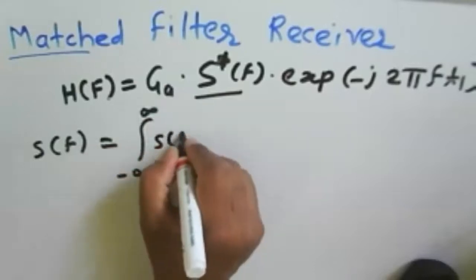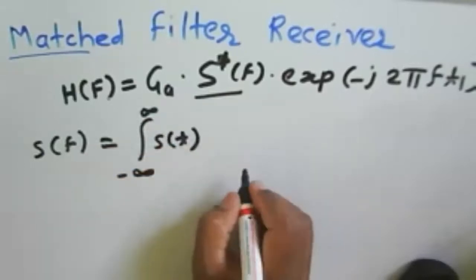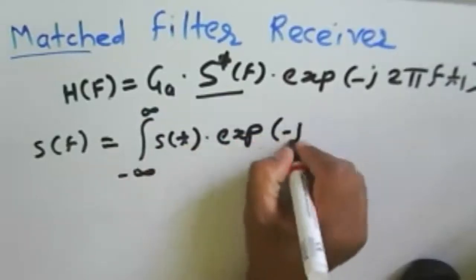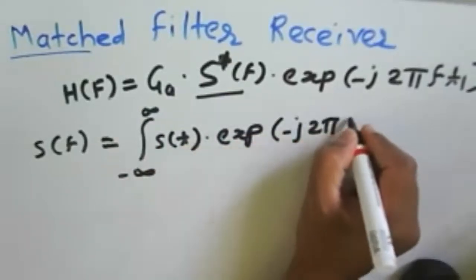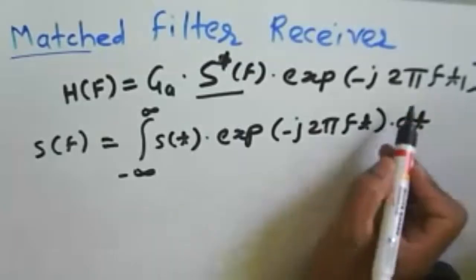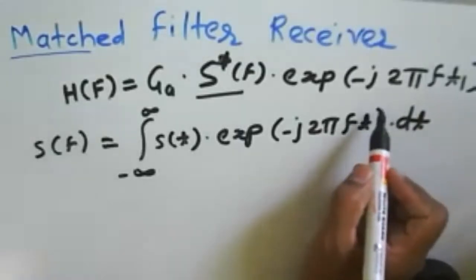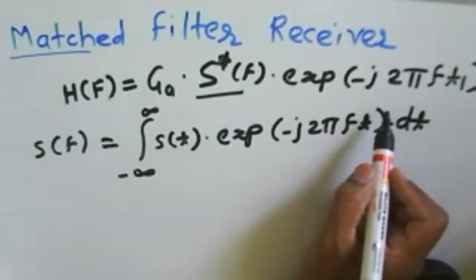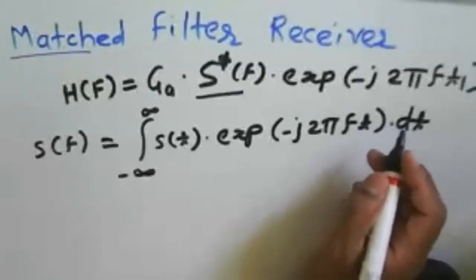So this S of t is the signal waveform, and we have the integral of S of t times the exponential of minus j 2 pi f t dt. And this t1 is nothing but a fixed value of time. So here we are getting the maximum value of the signal to noise ratio.